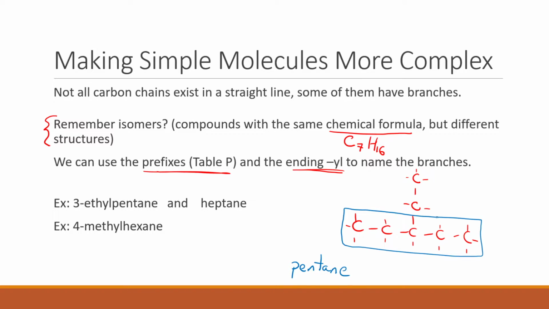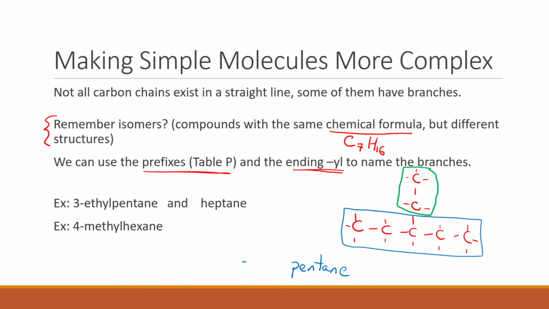But it's more than just pentane. It's got these 2 carbons coming off in a branch. So we need to name these 2 carbons. If we look at the prefixes on table P, 2 carbons would be eth, and the suffix for a branch would be yl.